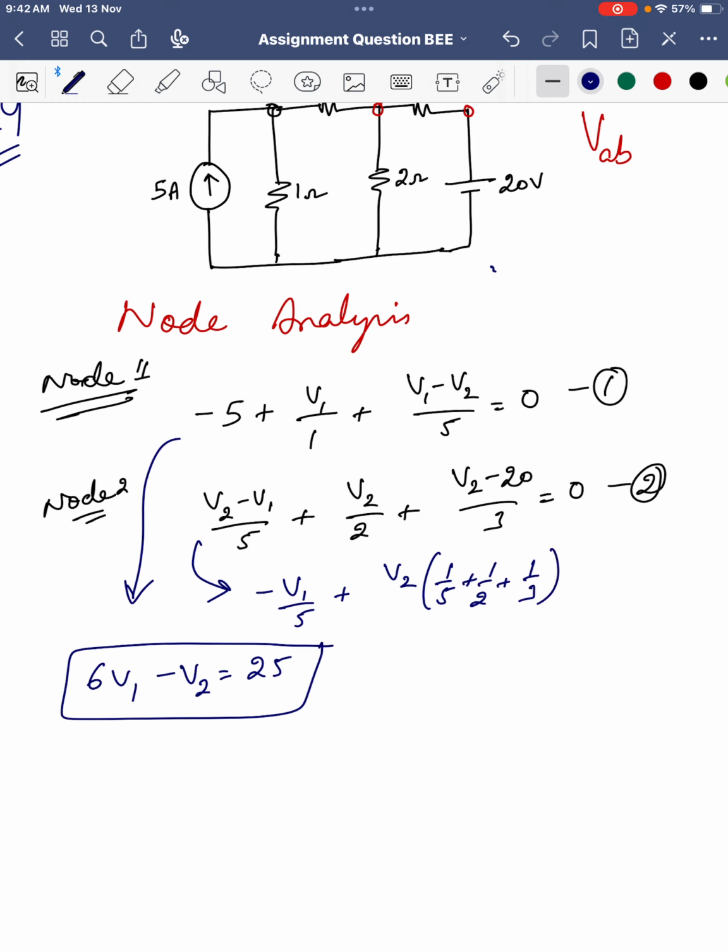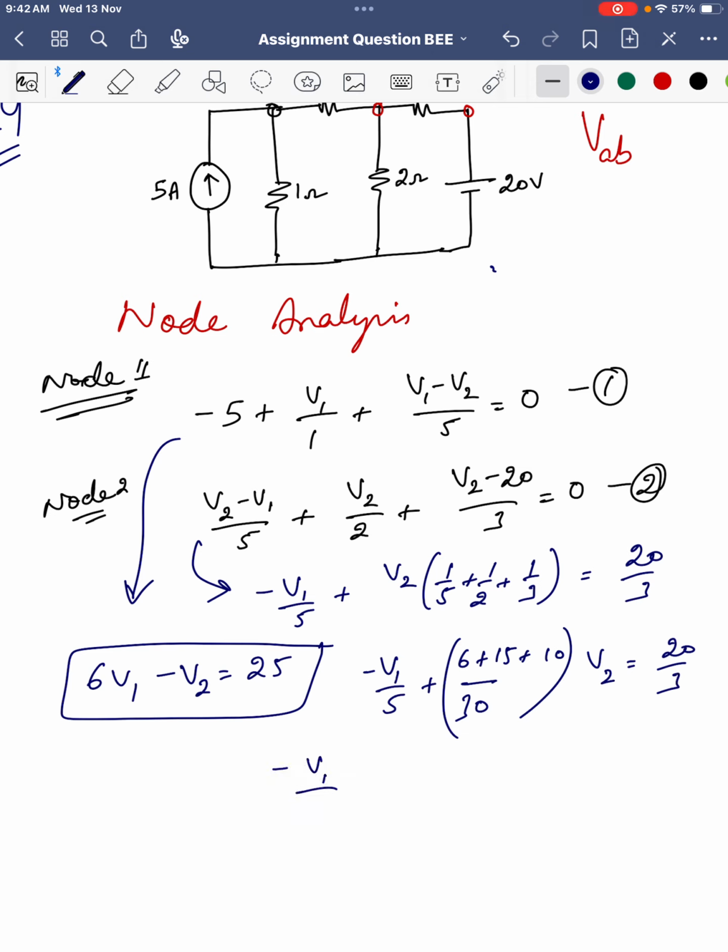And another equation we can derive from equation 2, that is minus V1 by 5 plus V2 times 1 by 5 plus 1 by 2 plus 1 by 3 is equal to 20 by 3. So this can be written as minus V1 by 5 plus 31 by 30 V2 is equal to 20 by 3.